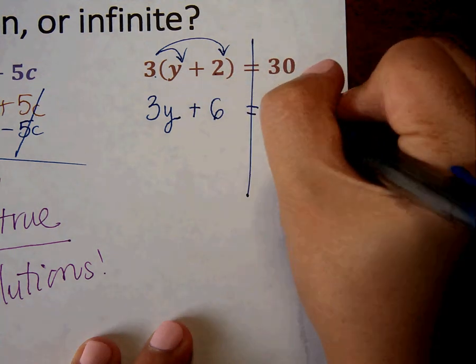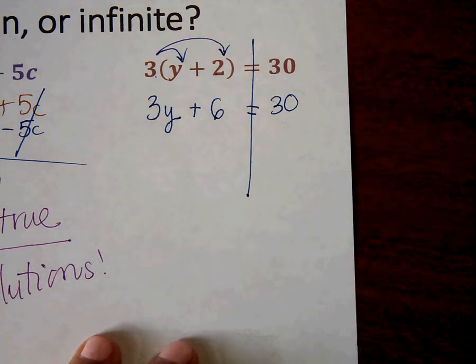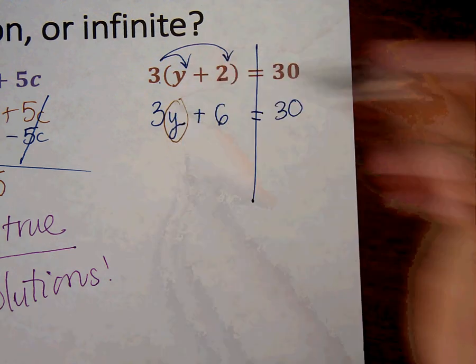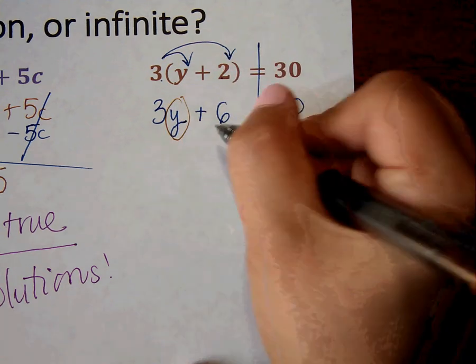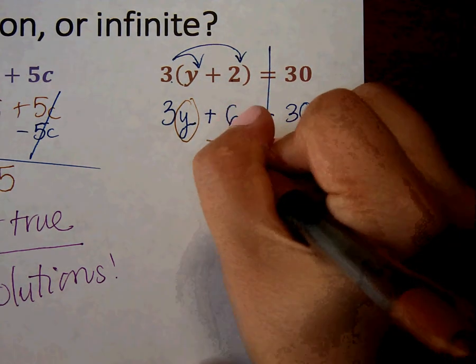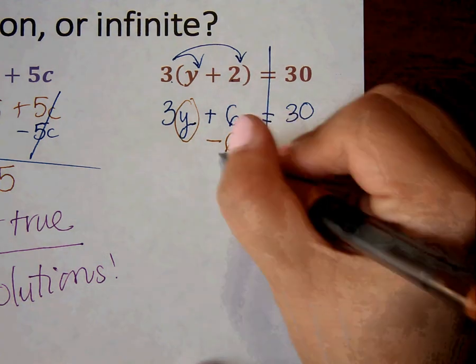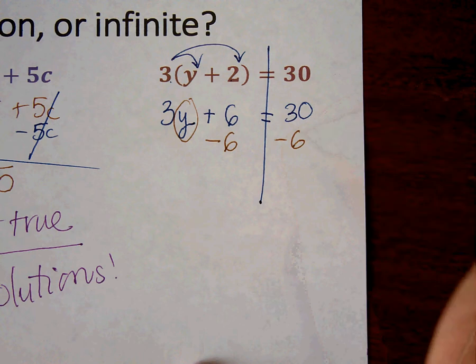On the right side, there's nothing to do. Now, our ultimate goal is to solve for the variable, right? So this is the variable that we want. We're going to perform the subtraction first. Whatever you do to the left, you do the same to the right side.